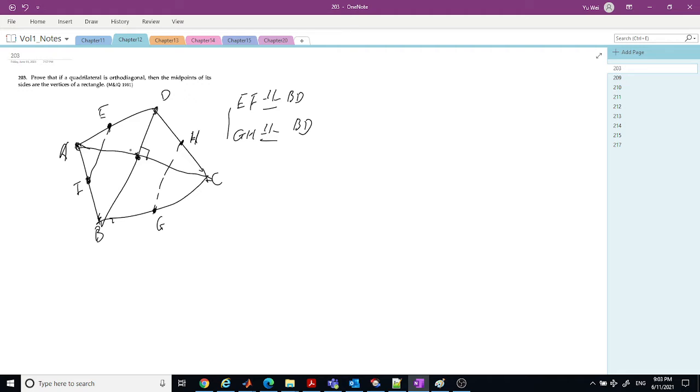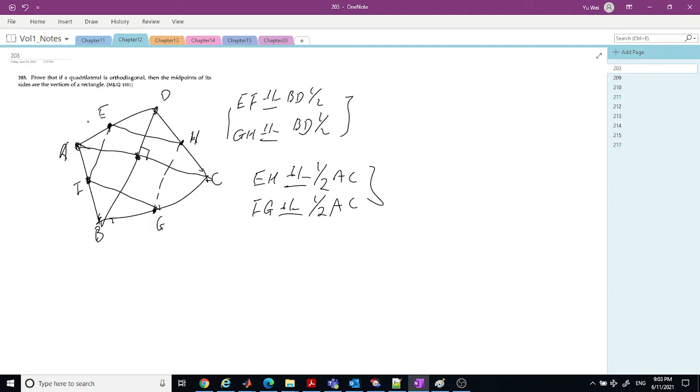Okay, and if you take another two lines, in triangle ADC, EH is parallel and equal to half of AC, and FG is parallel and equal to half of AC. So now we know this is a parallelogram.